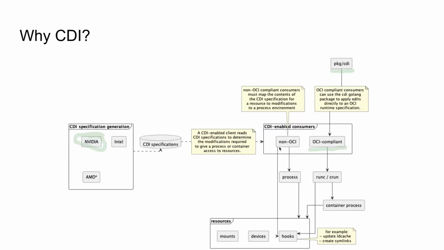This non-OCI consumer will look at the resources or the entities that are required, the modifications that are required for access to a particular resource, ensure that those mounts are made available in whichever mechanism is used in that environment, ensure that the devices are made available in whichever mechanism is used in that environment, and execute the hooks to set up the devices, etc., in whichever mechanism is used in that environment.